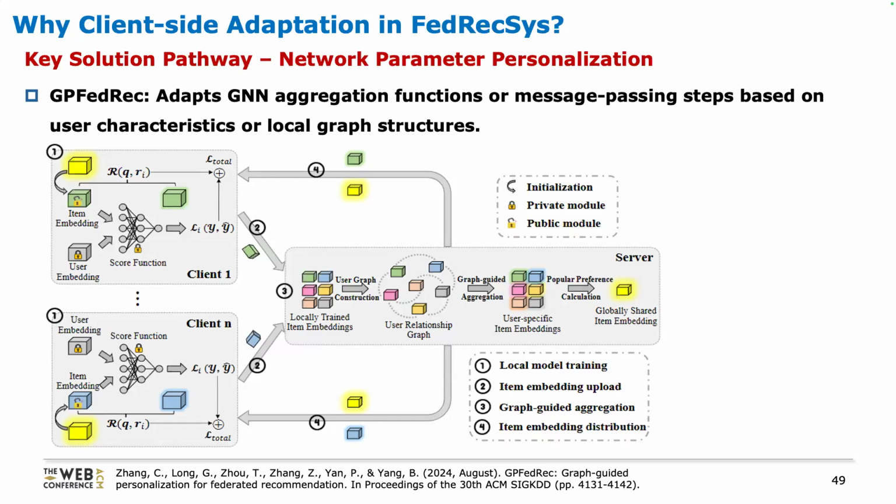It uses each client's graph structure to weight and combine neighbor embeddings in a more personalized way. Finally, the server sends back these user-specific item embeddings, which the client uses together with its own model. By tailoring the GNN message passing steps to each user graph, GPFedRec captures individual preferences far more accurately than just a one-size-fits-all aggregation.